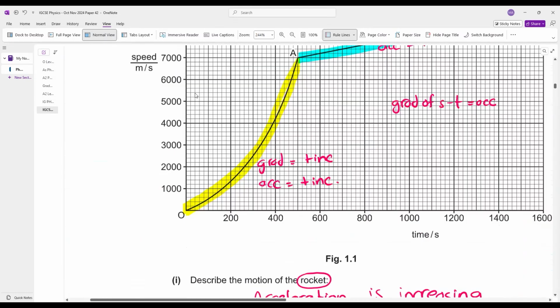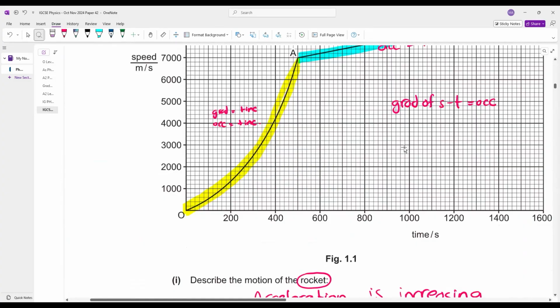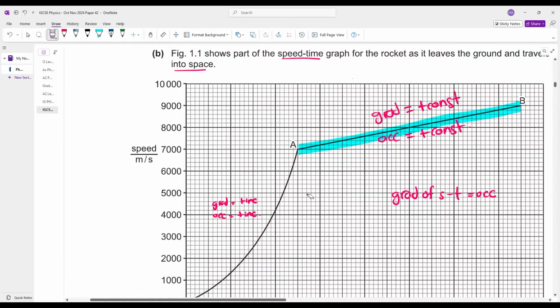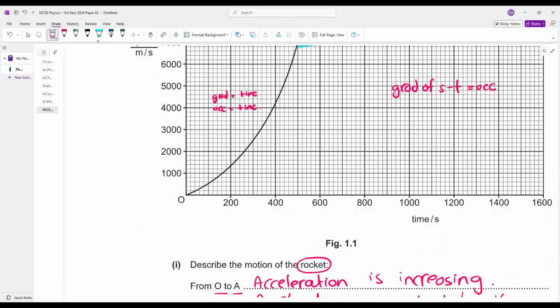Let's zoom in a bit. Take this, minimize this, and keep it here. Let's erase the highlighting. And now you have to draw a tangent at 400 seconds. Maybe here, let's draw a tangent.